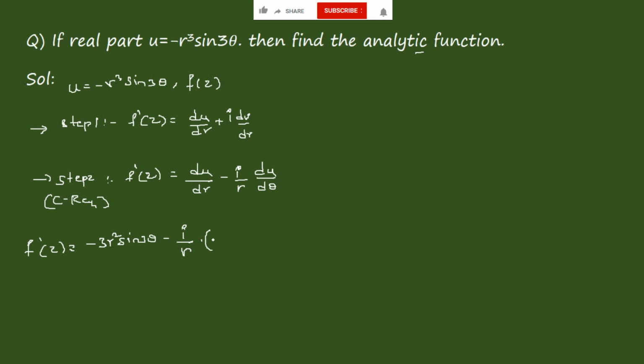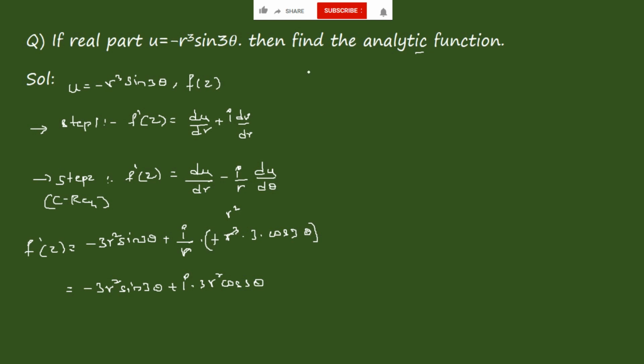So it becomes minus r cube into sine 3 theta, so it becomes 3 into cos 3 theta, so this minus goes cancel, and this one goes in r square. So which is equal to minus 3r square sine 3 theta plus i into 3r square cos 3 theta.